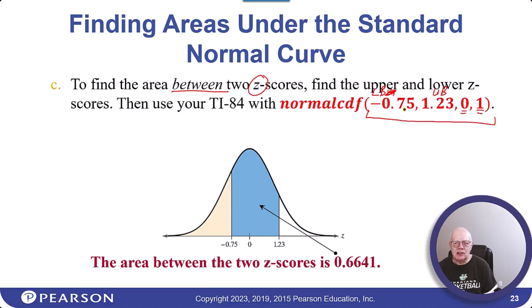Negative 0.75, that's the lower bound. 1.23, the upper bound. 0 because it's the z-score. 1 because it's the z-score. And there's the area. And sure enough, it is over 0.5, but not too far over. Use your common sense for this.